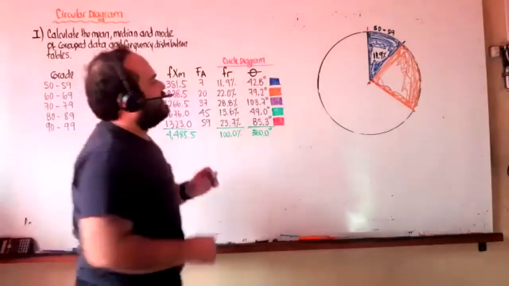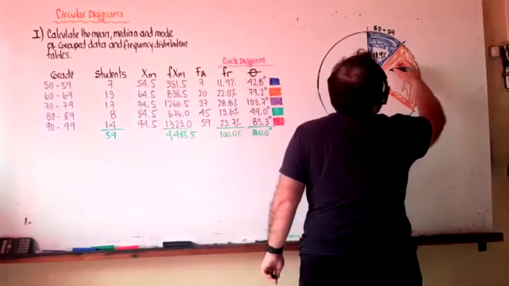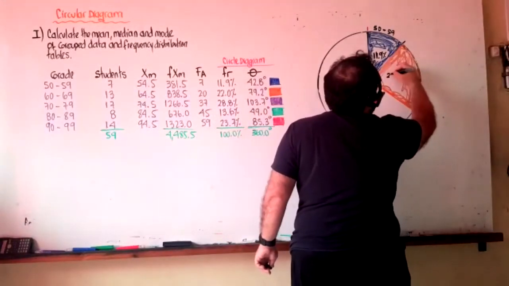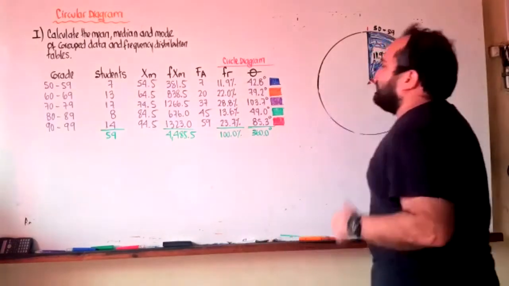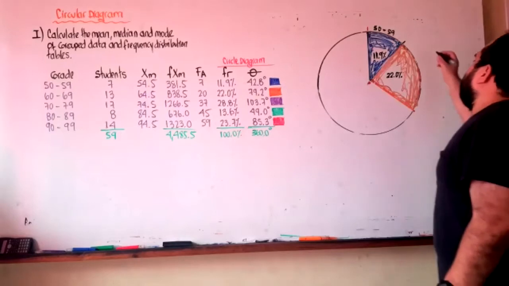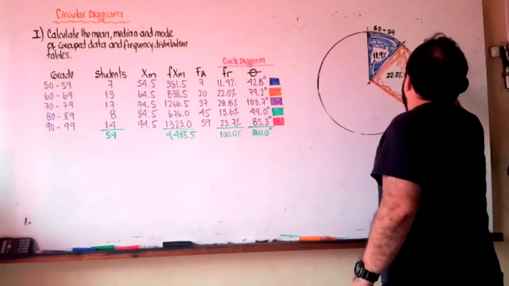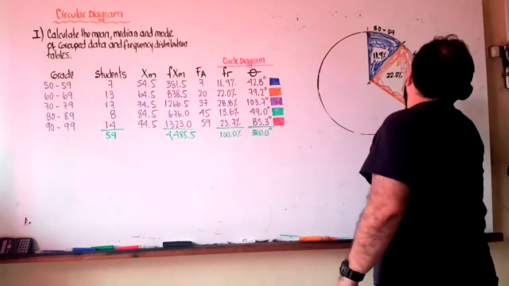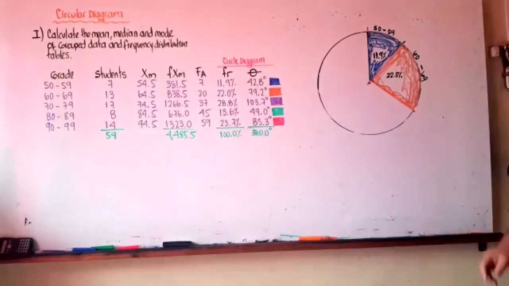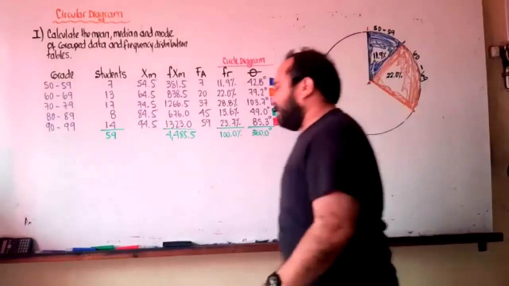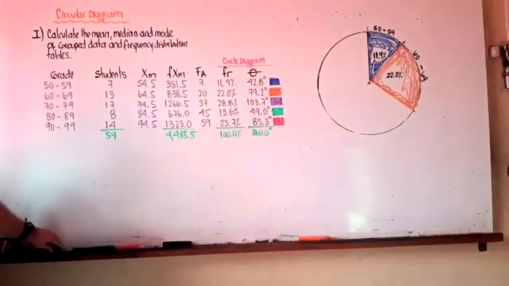In this case it will be 22.0%. What will be the scale? Since 60 until 69. Oh, we got the second one.